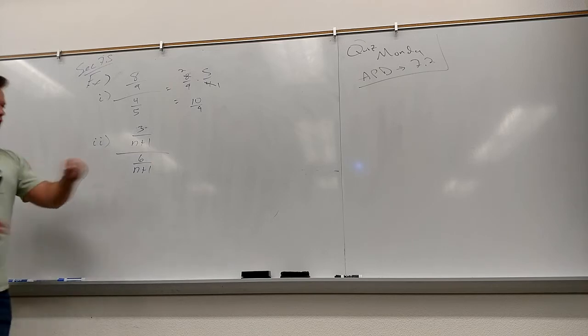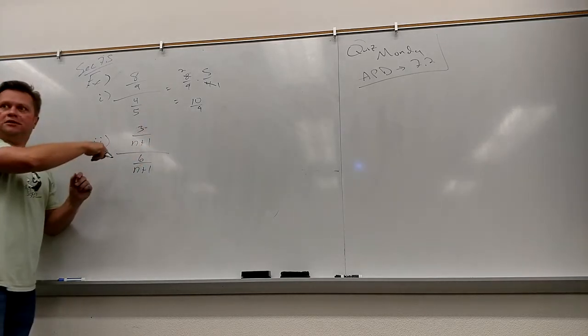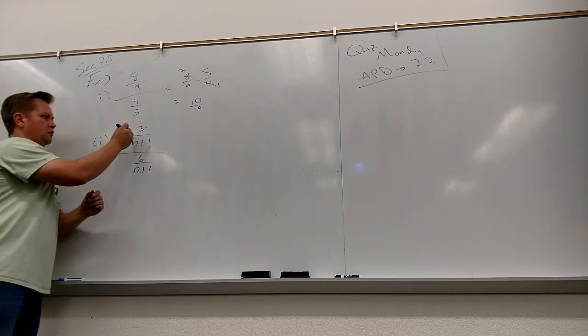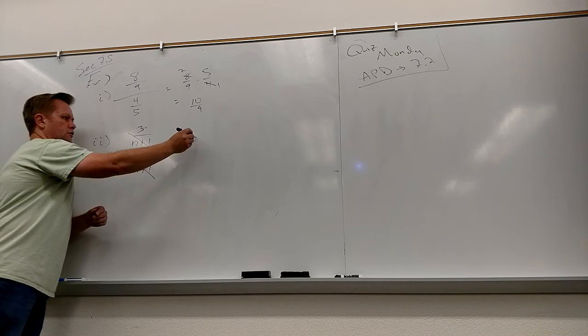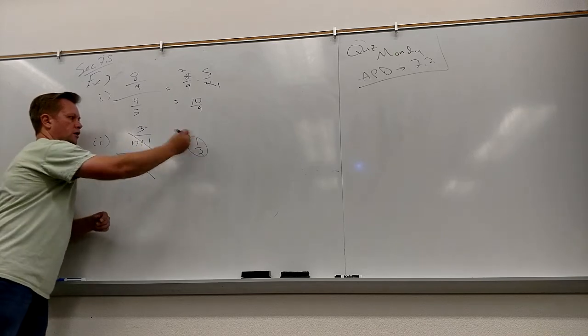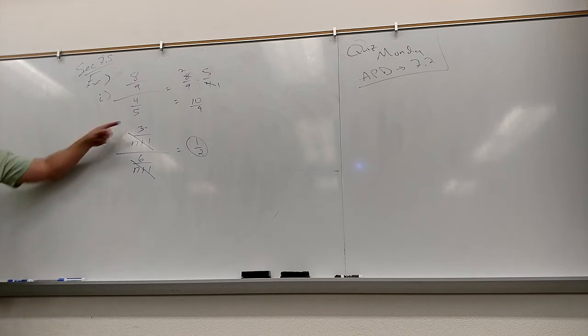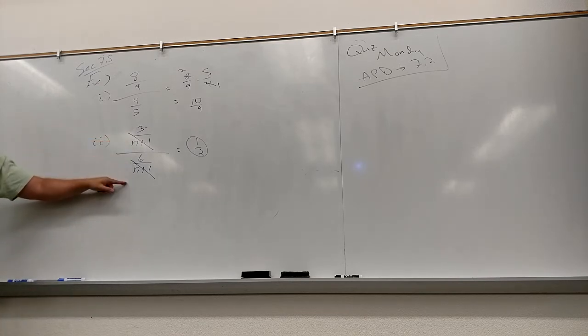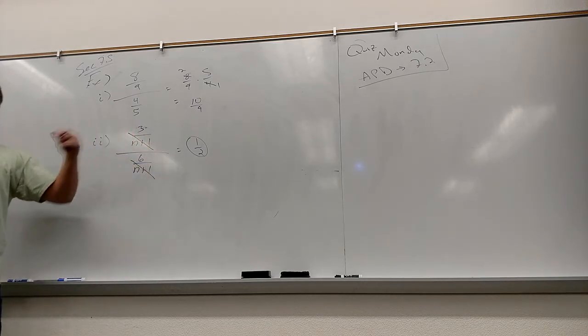Or if you multiply by the reciprocal, the first thing that's going to happen, the n plus 1 is going to cancel, right? So you can actually right now just go, well, these cancel, and then 3 over 6 is 1/2, done. In fact, tell me, 3 n plus 1s, how is it related to 6 n plus 1s? It is half of that. That's what the answer really means.